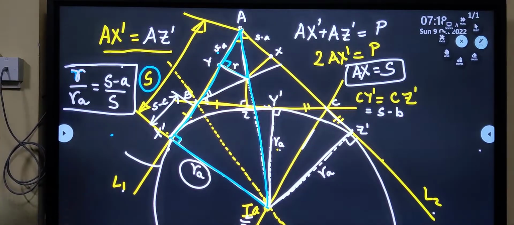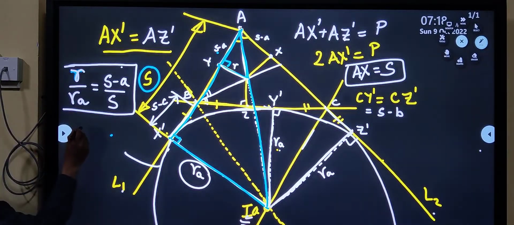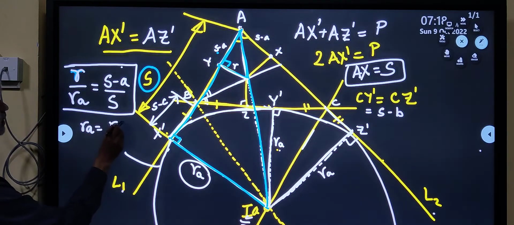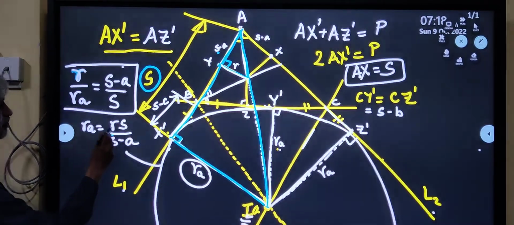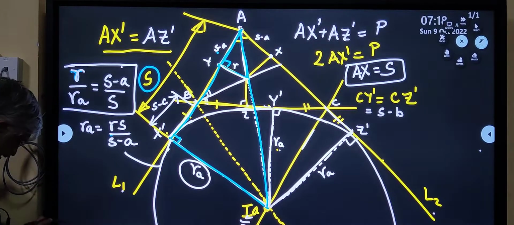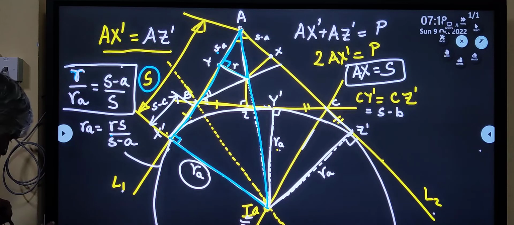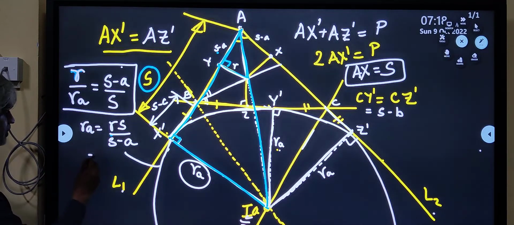So let me just simplify this. This tells us that R_A is equal to r s over s minus a. But remember that r s yesterday for us was the area of the triangle.